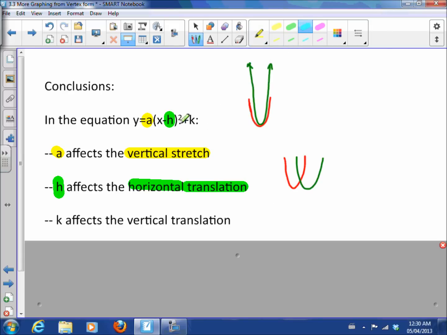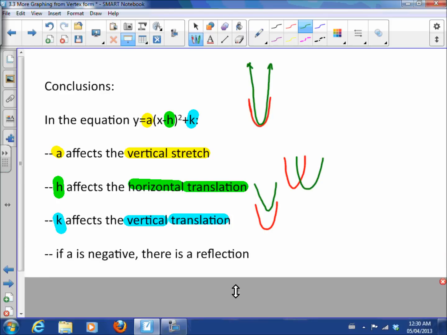What we call the K value affects the vertical translation, okay? So what that means is our parabola moves up and down, right?